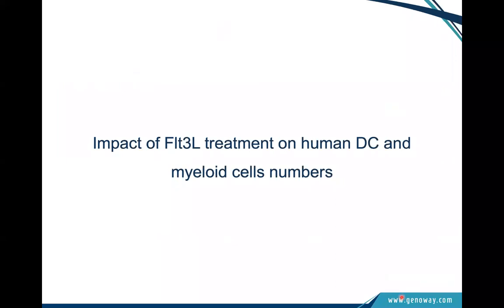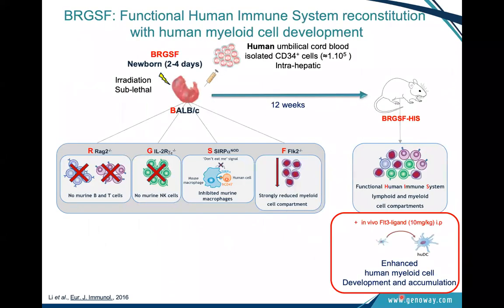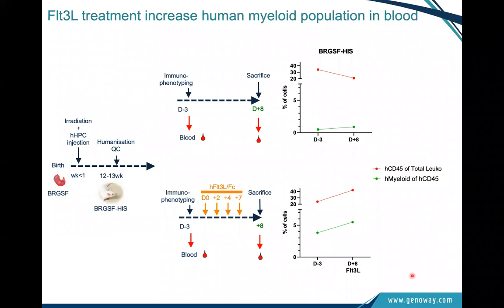Now, what happened when you give FLT3 ligand to those mice? When you give FLT3 ligand, you will enhance the human myeloid cells development and accumulation in the mice. This is just a study that we did in-house where we reconstituted animals and treated them over a week with FLT3 ligand by IP injection at 10 milligrams per kg.